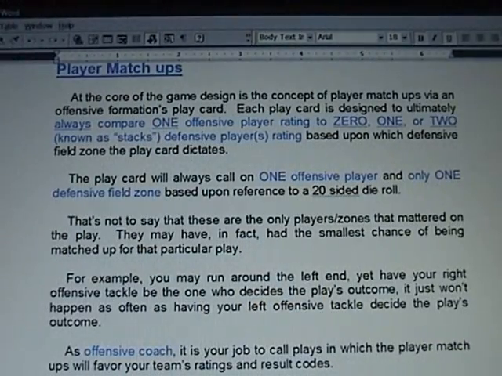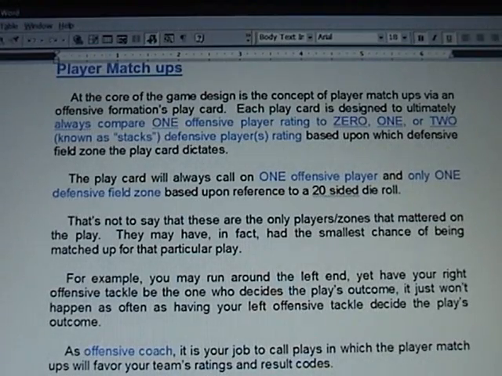So this is the core of the design of 4th Street Soccer Football. 2 players matching up. It's not always 2. It will always be at least 1 offensive player, because every play card, a D20 die roll, will call on at least 1 offensive player. And it will call on at least 1 defensive zone. However, we may have no players on defense in that zone.